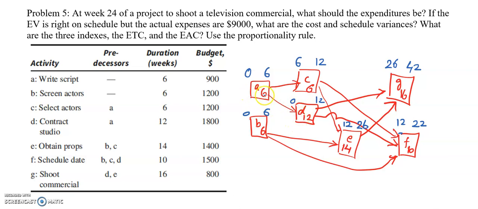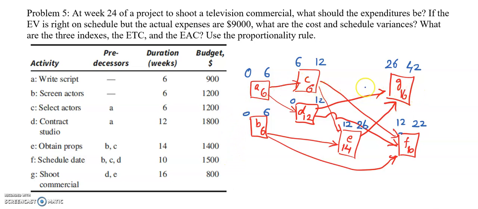The critical path is A, C, E, G, most likely. 6 plus 6 is 12, plus 14 is 26, plus 16 is 42. So the next step will be to draw the Gantt chart.